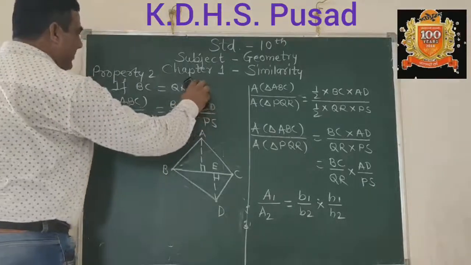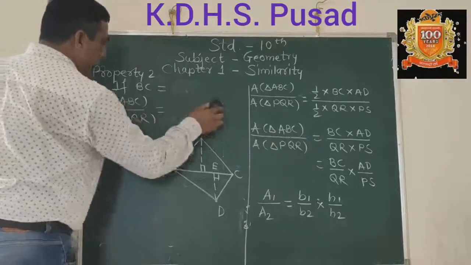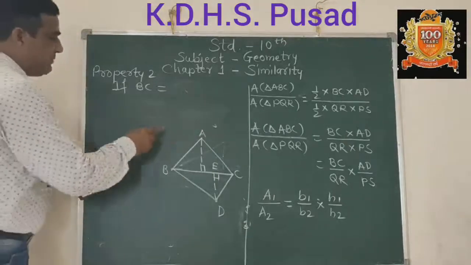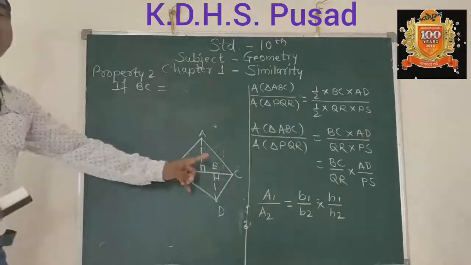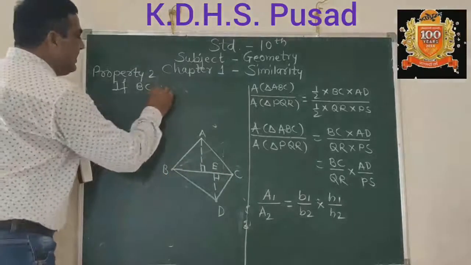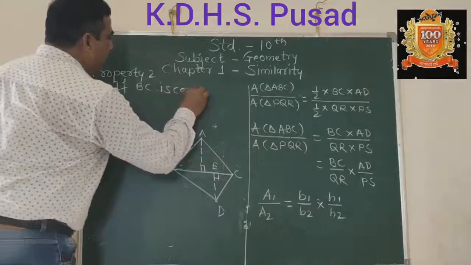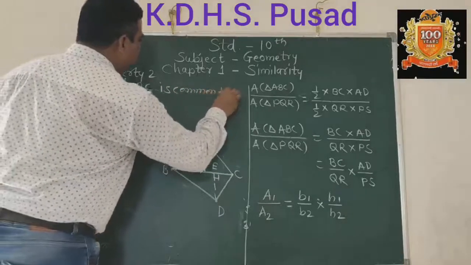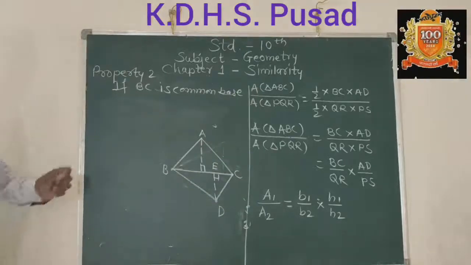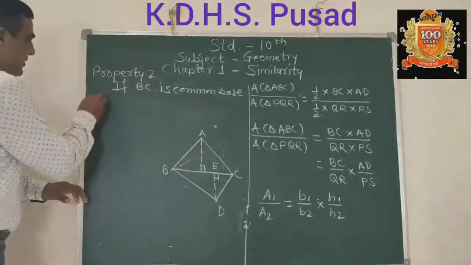So here instead of BC equal to QR, now using this diagram, your BC is common base. Okay, BC is common. So BC is common base. Now I want to find out the ratio of the areas of two triangles here.